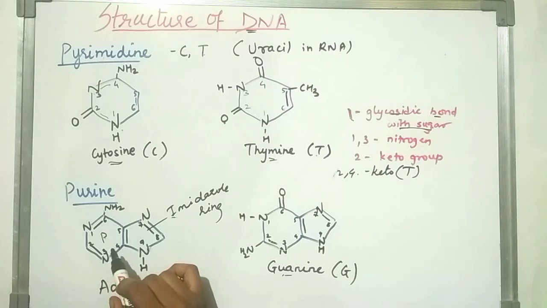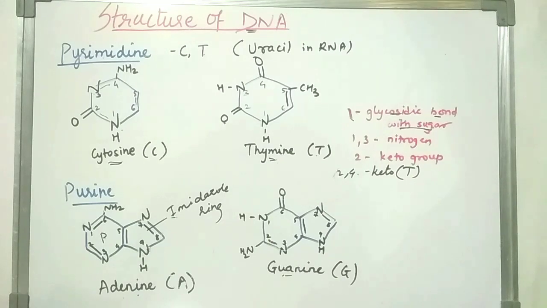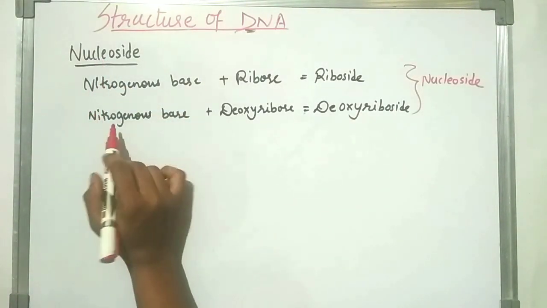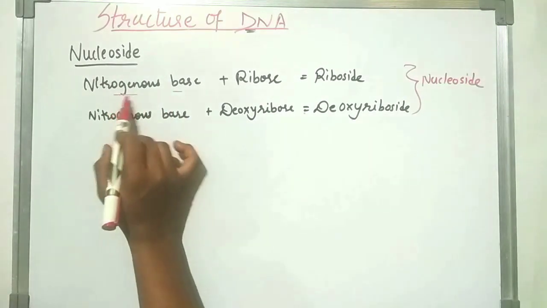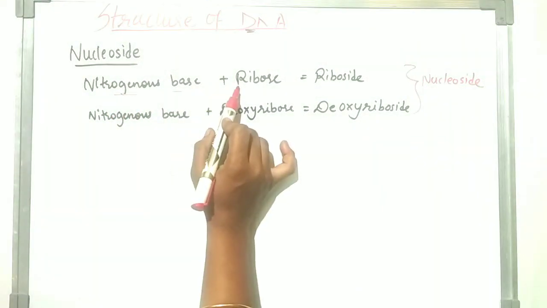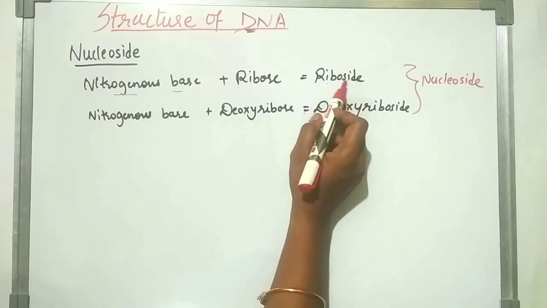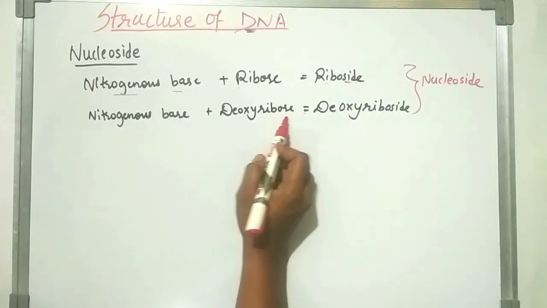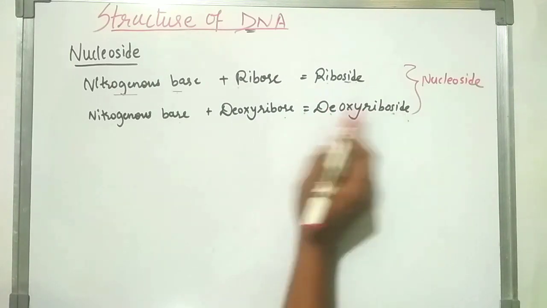Next we'll see nucleoside. Nucleoside means one of the nitrogen bases plus a pentose sugar. A nitrogen base plus ribose is called a riboside, and a nitrogen base plus deoxyribose is called a deoxyriboside.